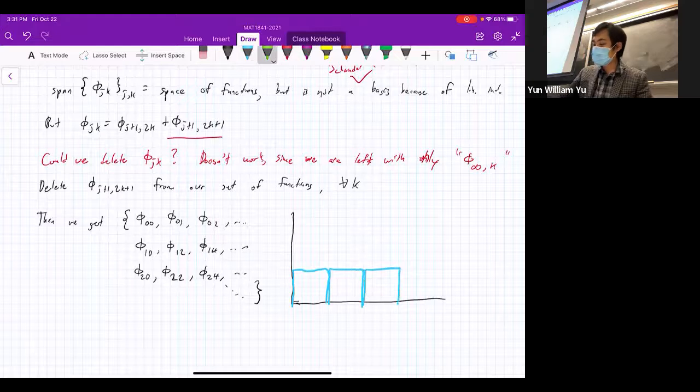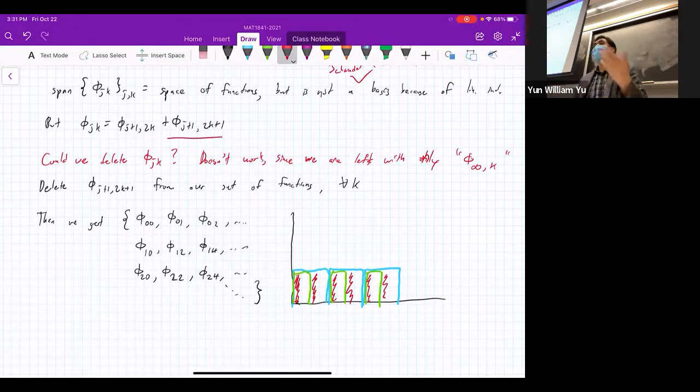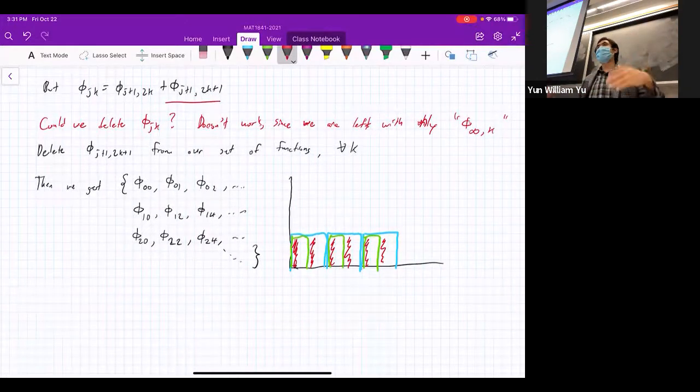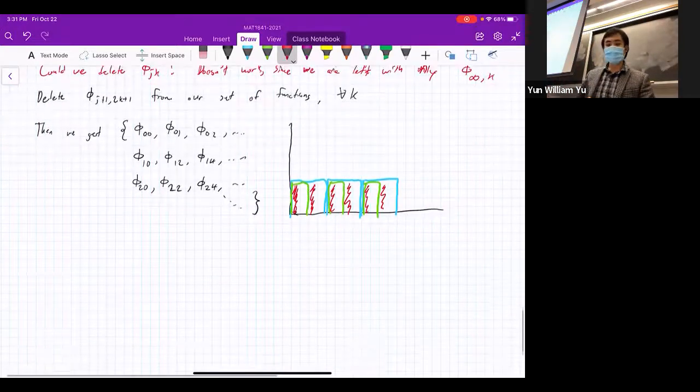So you still have those functions, and then you also have these functions, and then you also have these functions, and so on. Clearly you can still construct anything that you would have constructed out of the previous set, except now you have a basis that you actually can work with, because you can order it, you can count on it, and so on.